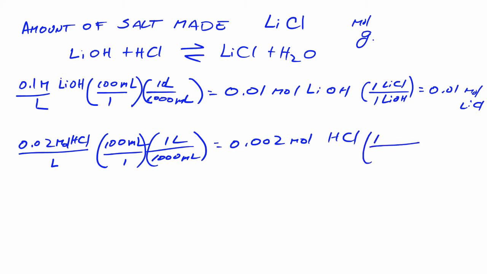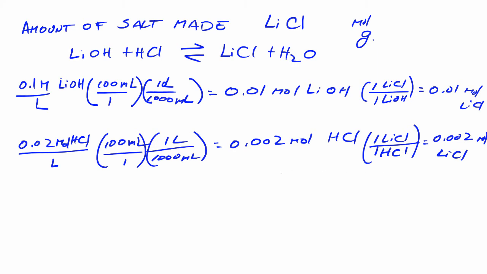This is going to make 0.002 moles of lithium chloride. So with this calculation, all I'm doing is using the molar ratio, the one-to-one relationship, to figure out how many moles of lithium chloride I'm going to make if all this reacts and then all this reacts.